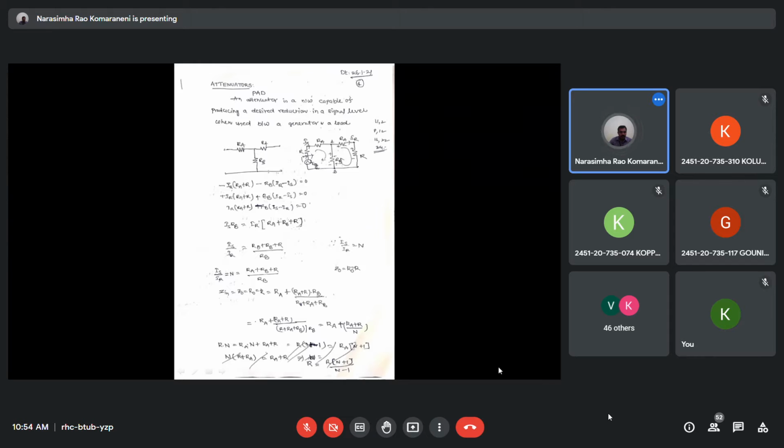Generally these attenuators are connected in between the source and the load, where the source is also called a generator.